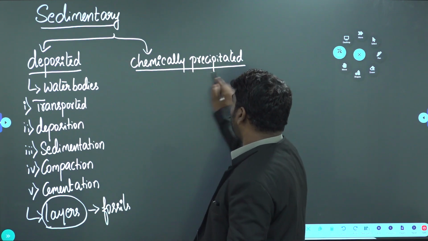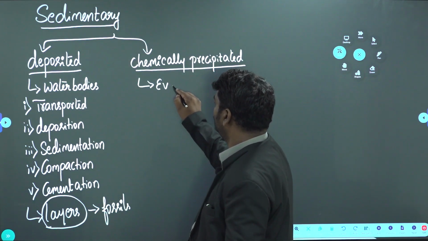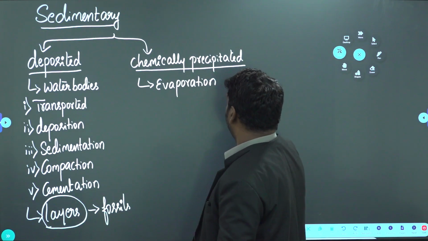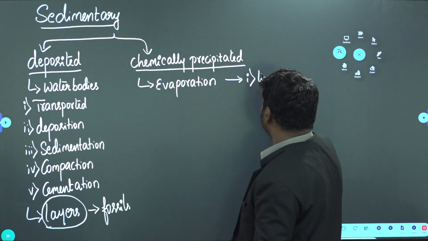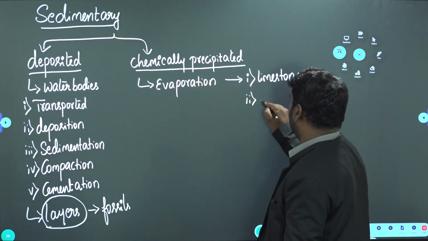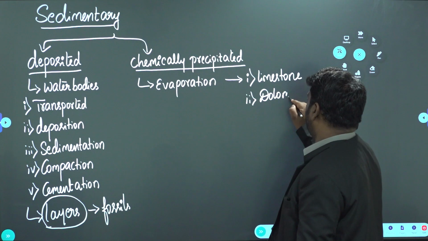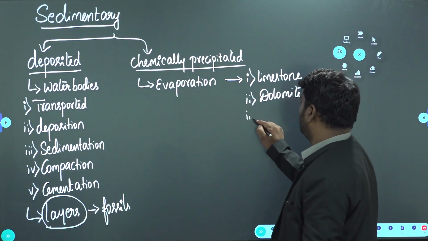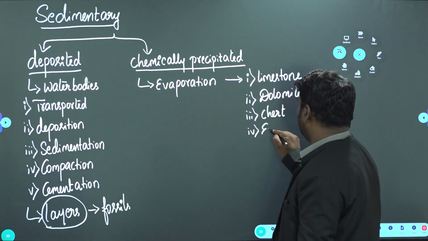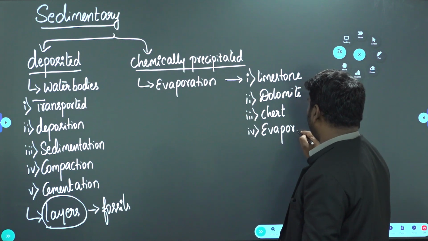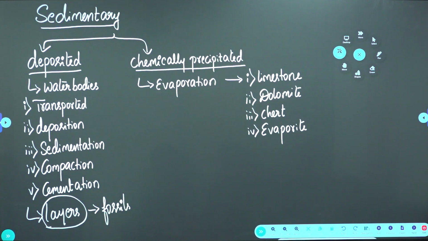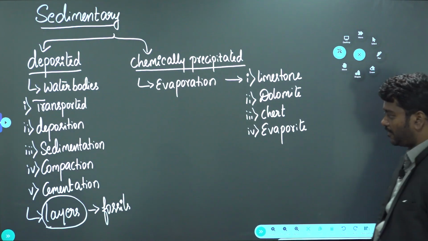Chemically precipitated is formed due to evaporation. Examples of this is, please remember this, limestone, dolomite, chert, evaporite. In one prelims they asked, what is evaporite? Okay, evaporite is a type of sedimentary rock.